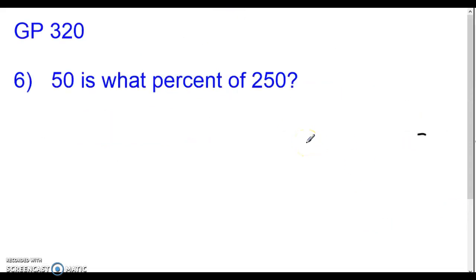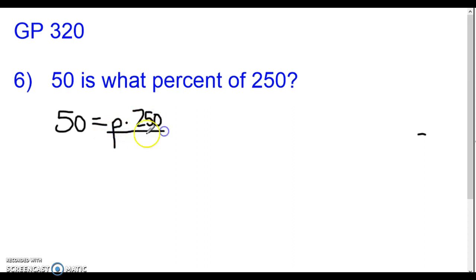So 50 is what percent of 250? So it would be 50 is, I'm looking for my percent, what percent of 250? So in order to isolate my variable, I need to do the inverse operation of multiplication.